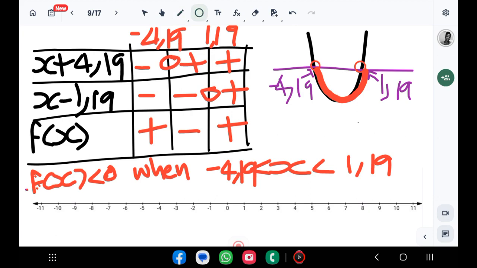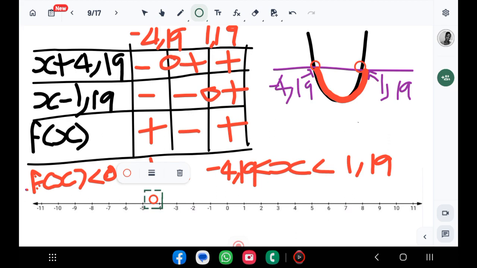And this is how you represent that on the number line. You have that negative 4.19, it will be between 4 and 5 there. Okay, negative 4.19, there'll be somewhere there.